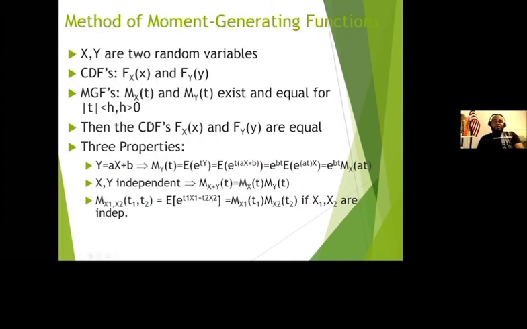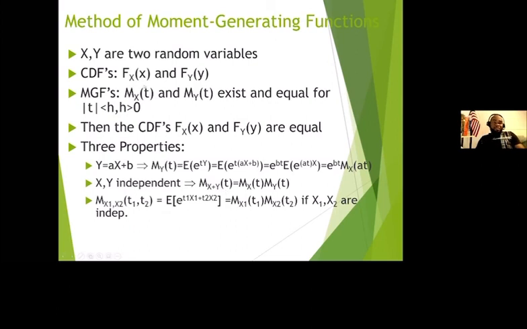Now we have what we call the method of generating function. In the method of generating function, this is what we want to do. If you have X and Y that are random variables, and the two of them have CDFs, and the two of them also have moment generating functions. You've been taught how to derive a moment generating function.